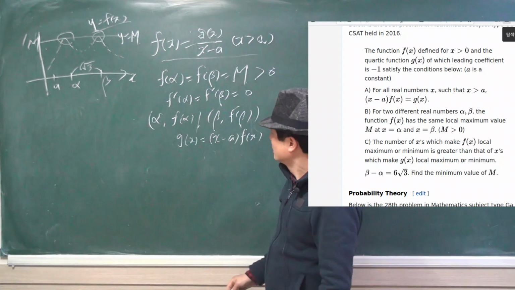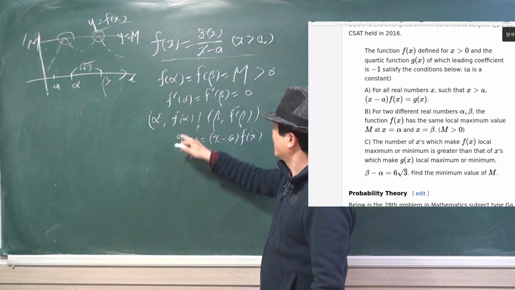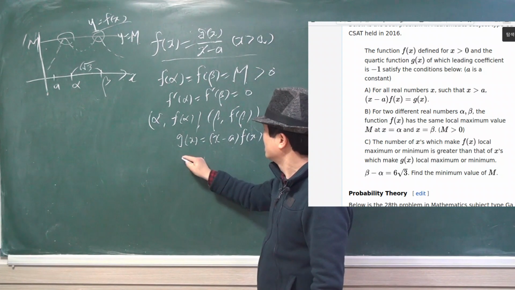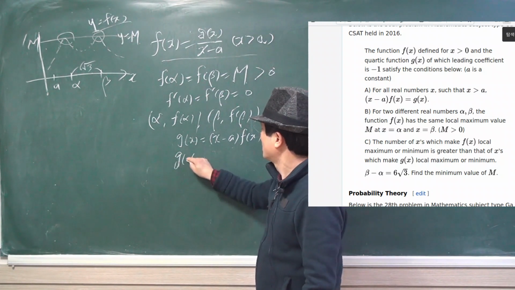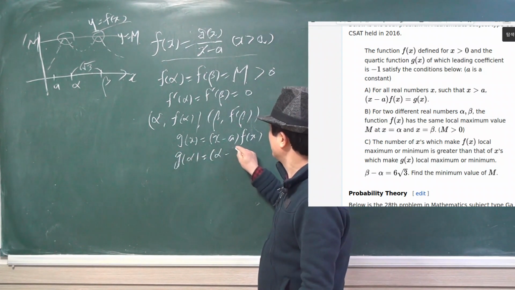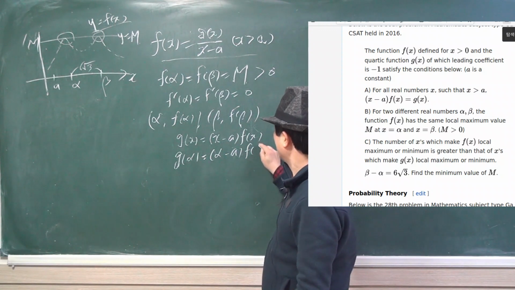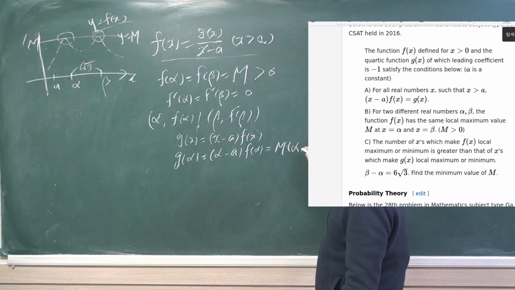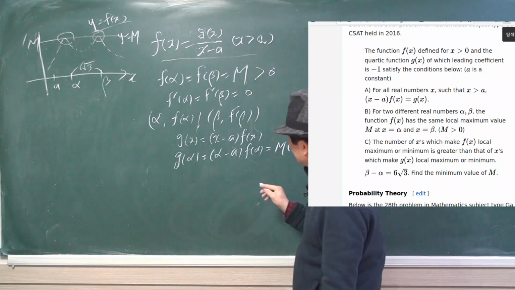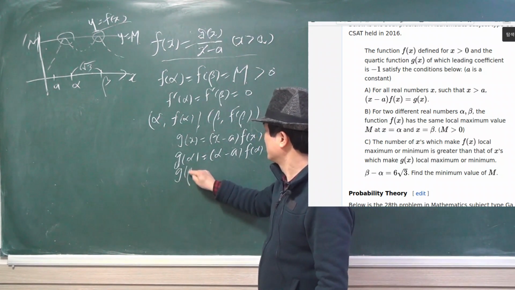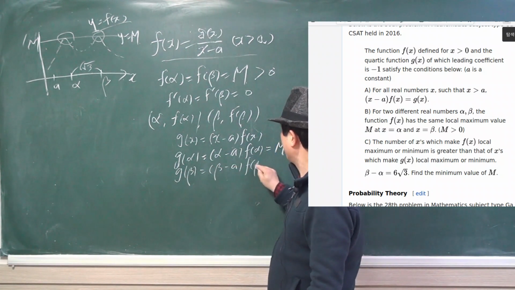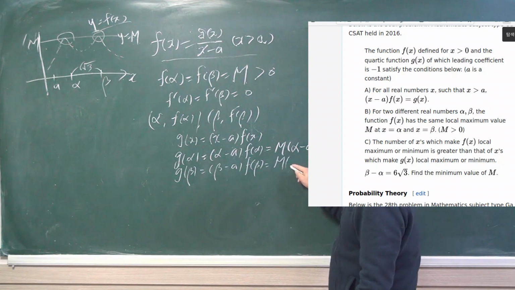And plug in alpha and beta to g(x). g(alpha) equals (alpha minus a) times f(alpha), which is m times (alpha minus a). And g(beta) equals (beta minus a) times f(beta), which is m times (beta minus a).